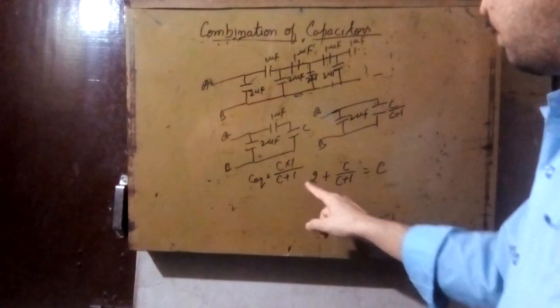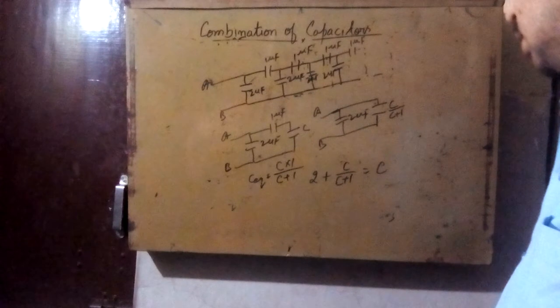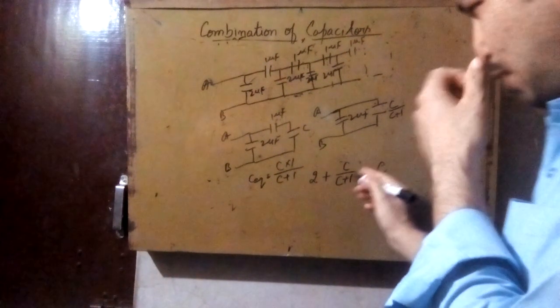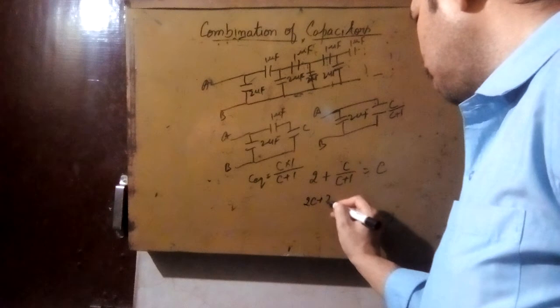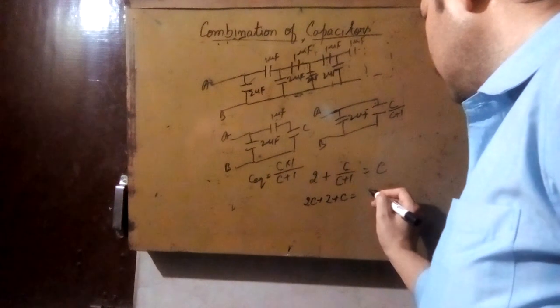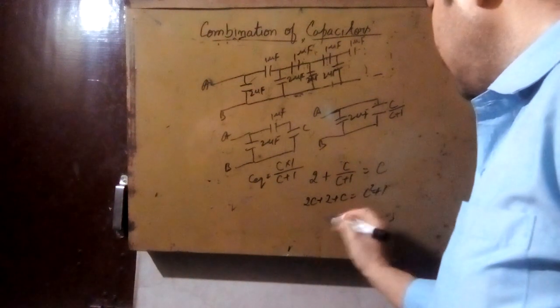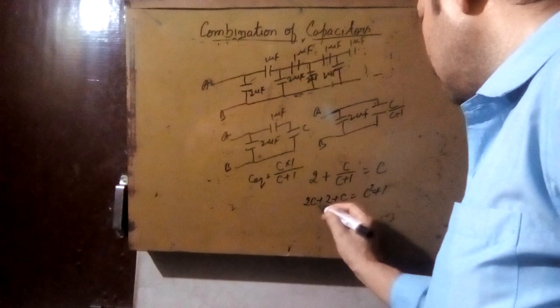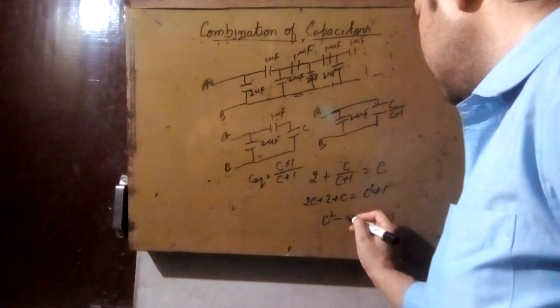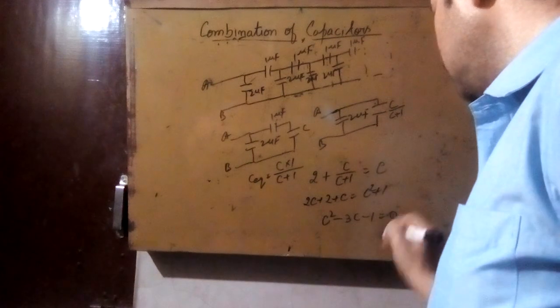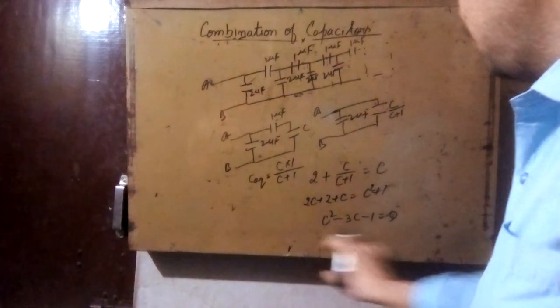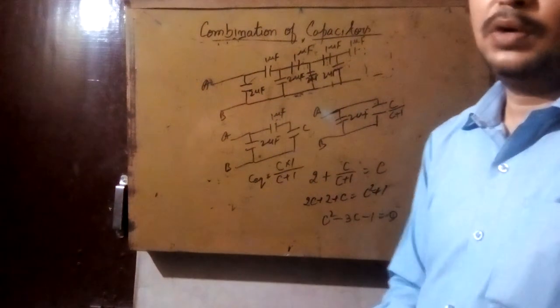That's why I have taken this to be nearly equal to C. So from here you can find the value of C. This is 2C plus 2 plus C equals C square plus 1. Then you have to solve. This is C square minus 3C minus 1 equals 0. So this type of equation you will get, and you have to find the value of C.